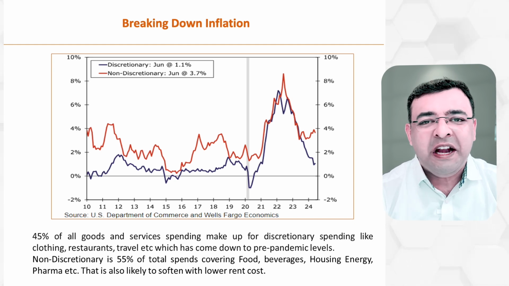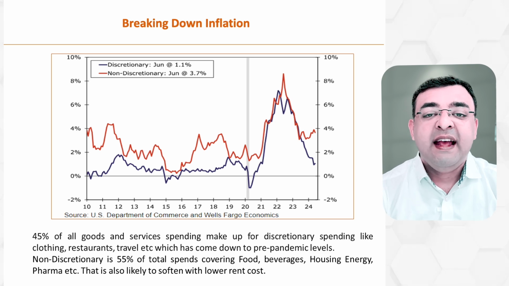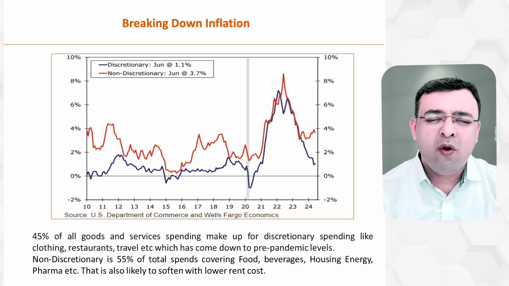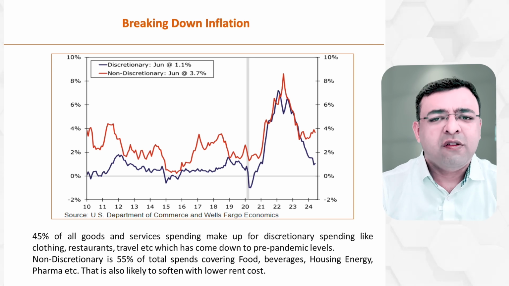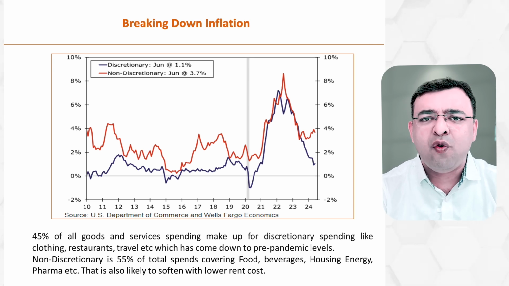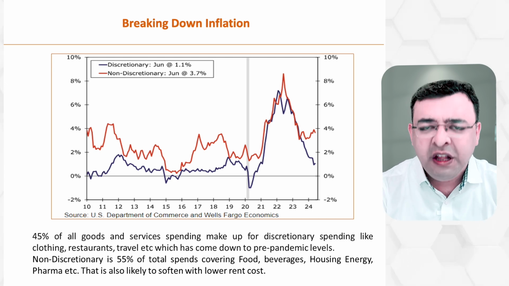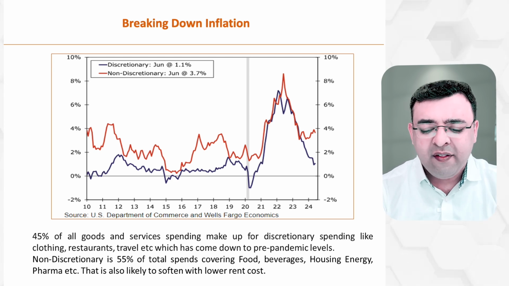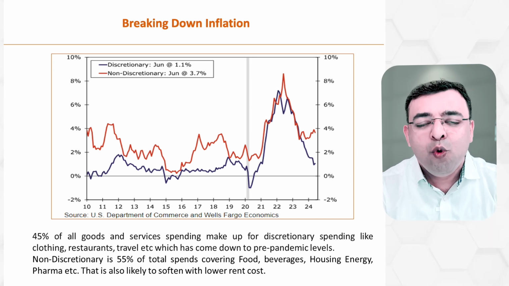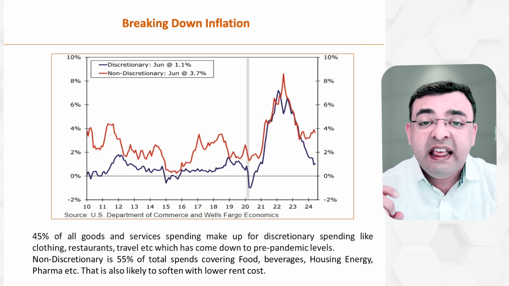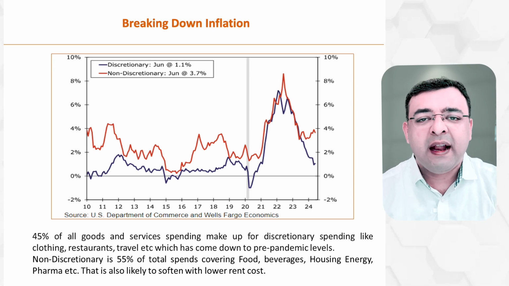Now let me show you an interesting data point which is going to tell us that inflation in US is coming down. There is no doubt that inflation has come down from 9% to 3.2%, and we are expecting it to go down further. If you see the chart, you will find that there are two lines, one blue and one red. The blue line shows that discretionary inflation has come down below 2%.